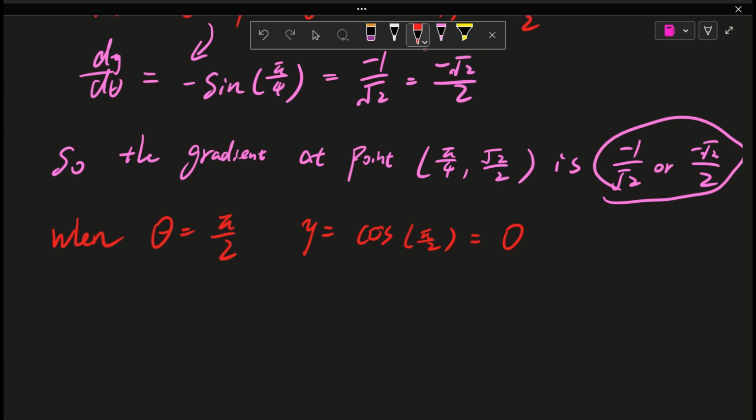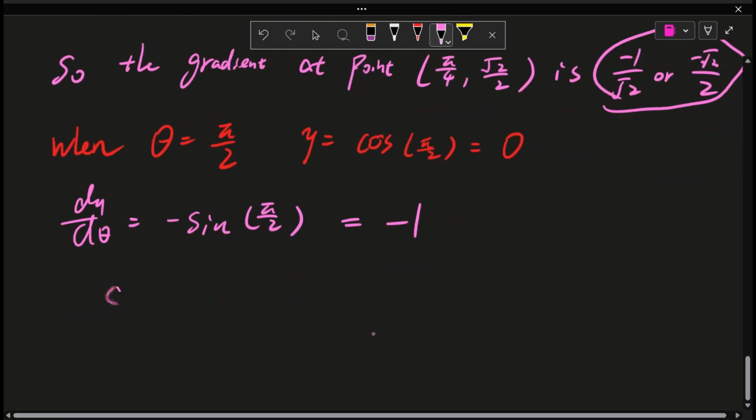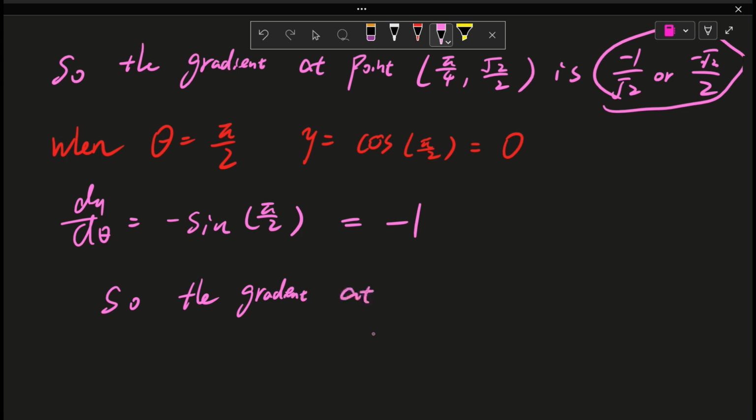Then dy d theta equals negative sine pi on 2, which equals negative 1. So the gradient at pi on 2, 0 is negative 1. That's it. That's all you need.